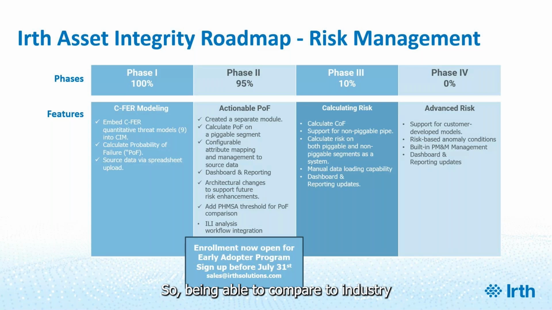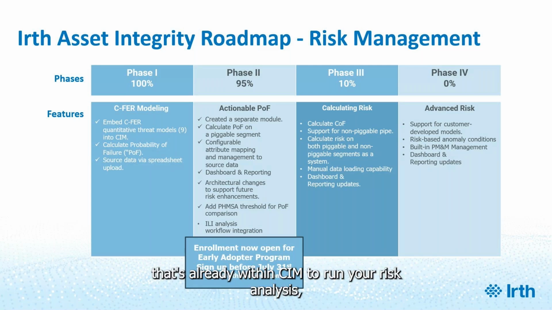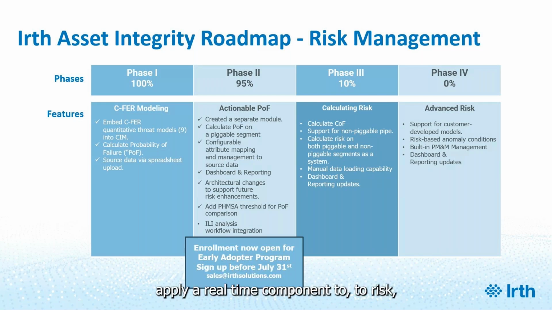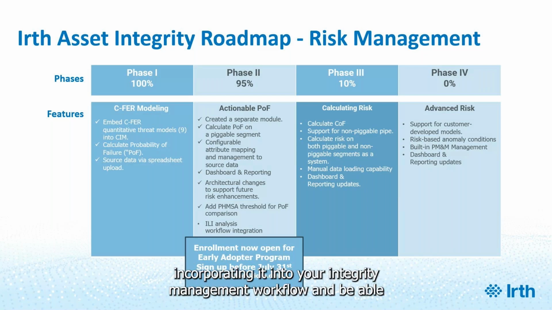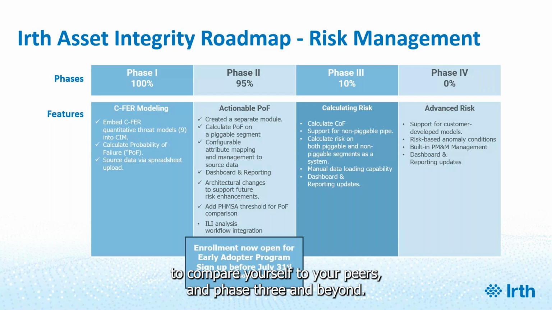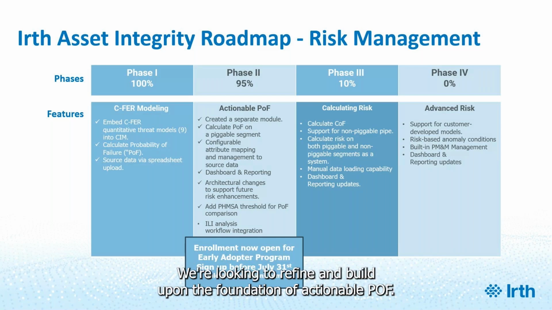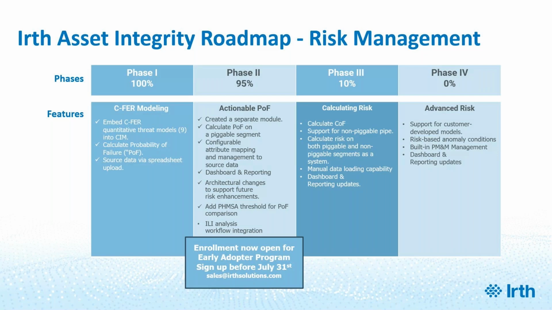So being able to compare to industry or peer performance for each of your ASME B31.8S threats, and being able to utilize the data that's already within SIM to run your risk analysis, to expedite your risk analysis program, and to really apply a real-time component to risk, incorporating it into your integrity management workflow, and be able to compare yourself to your peers. In phase 3 and beyond, we're looking to improve upon that. We're looking to refine and build upon the foundation of actionable POF.